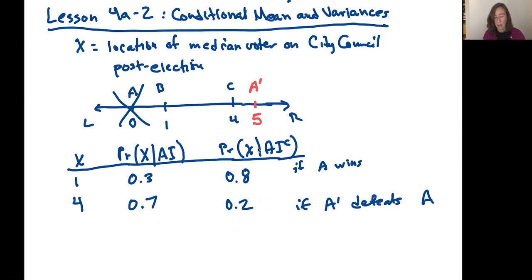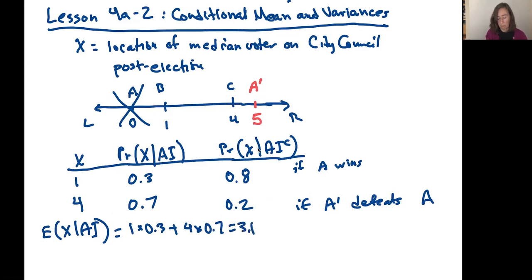So we can calculate the expected value of X conditional on AI, and that would be 1 times 0.3 plus 4 times 0.7, which is 3.1.